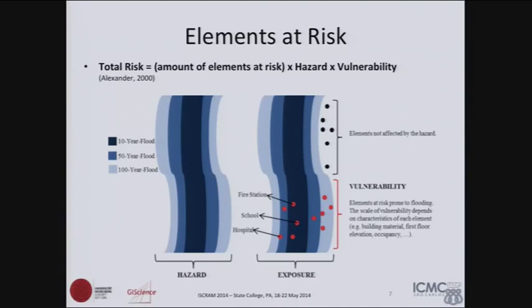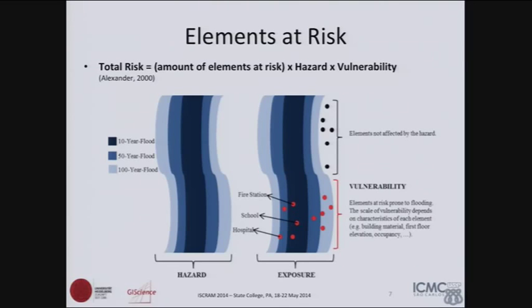In floods, and in general, we have this definition of risk as the total amount of elements at risk, composed by the hazard and the vulnerability of the system. So of these three components of risk, we would like to extract the first component from OSM and take the other ones from official data in order to compare.